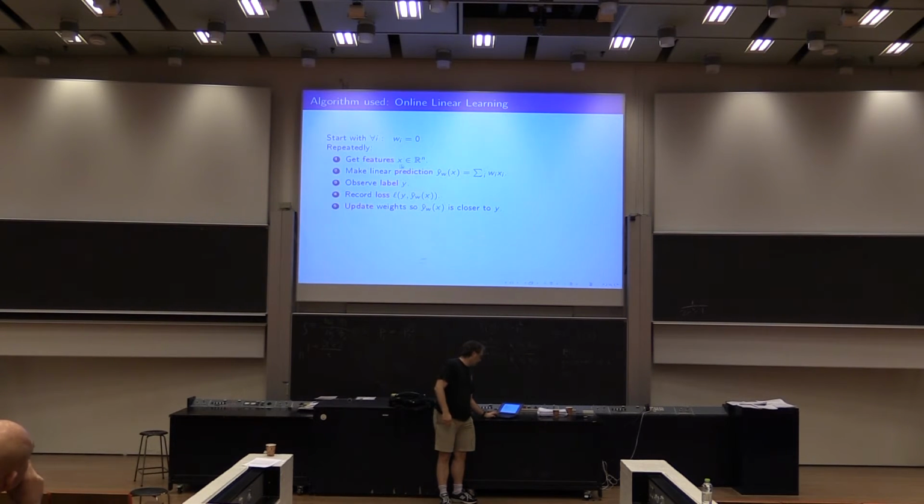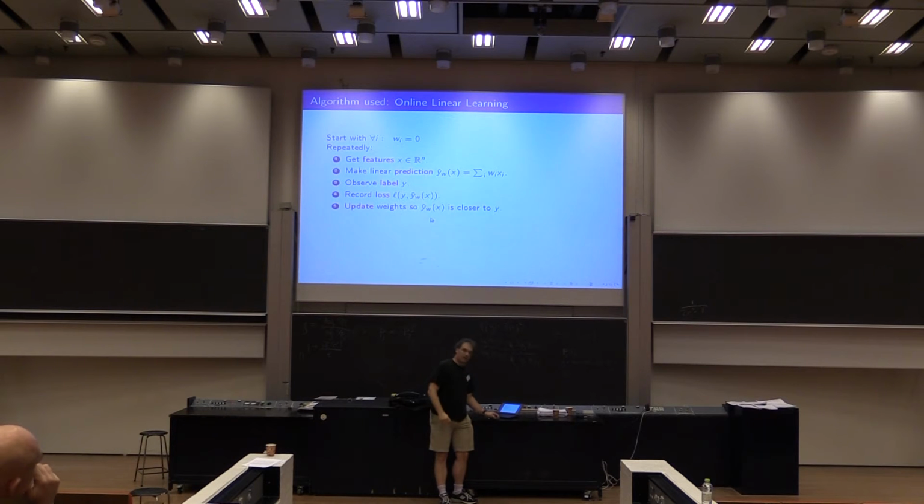So you get your example, you make a prediction, you observe some label, and then you compute a loss. In this particular case, we're computing a binary loss. Right? So it's just, did we get the answer correct or wrong, 1 or 0? And then we update the weights.